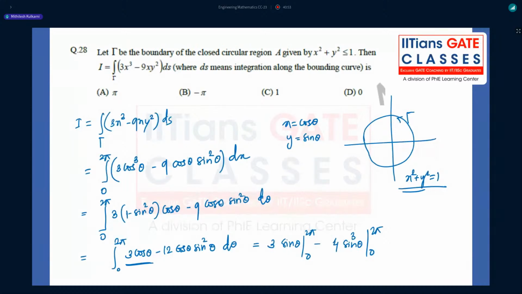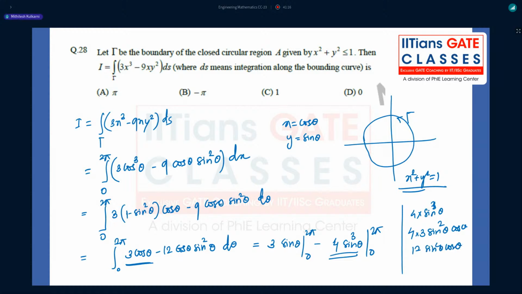And now let's differentiate this term. What will happen? 4 into sin cube theta. If you differentiate it, what you will get? 4 as it is. Differentiation of sin cube theta is 3 sin square theta, and differentiation of sin theta is cos of theta. So 4 multiplied by 3 is 12 sin square theta cos theta.